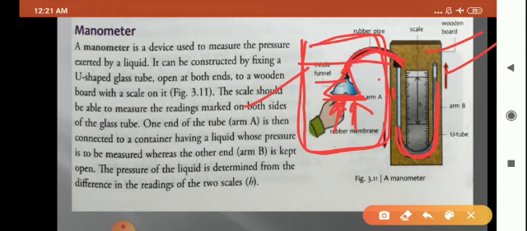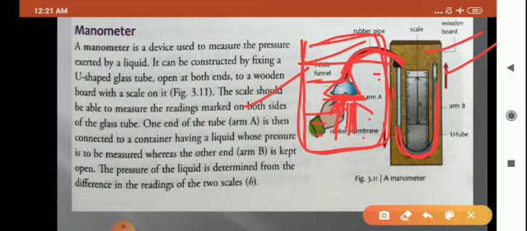And as soon as we dip this thistle funnel in the liquid whose pressure we are going to determine, that liquid will exert pressure, because the deeper we go, the more pressure will be exerted by the liquid.